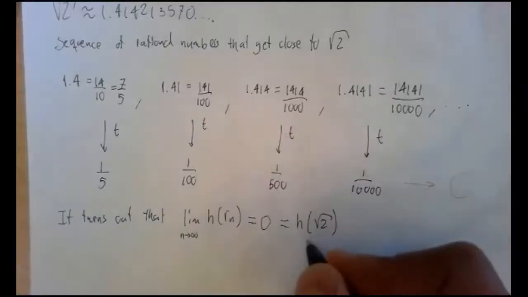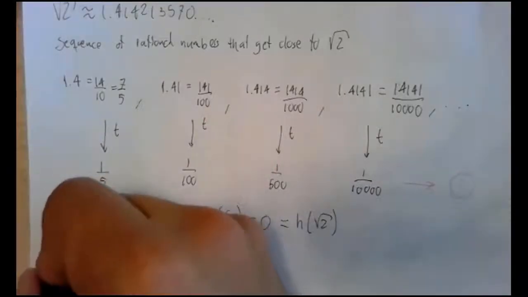If you pick irrational numbers, then they're all 0. If you pick rational numbers, then they're not 0, but their denominators become bigger and bigger and bigger, so the numbers become tinier and tinier and tinier, and therefore we still approach 0. So what's happening here is that this function, believe it or not, is continuous. This is continuous at square root of 2.